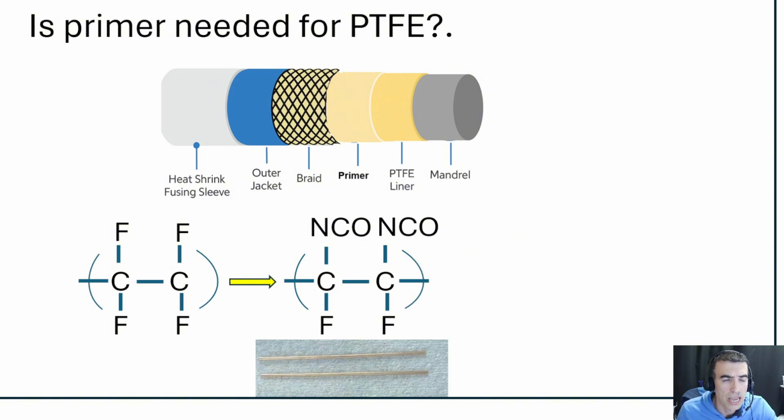If you do not etch properly, the bond between the PTFE and outer jacket would be weak. Or if you don't use a primer, the etching effect could diminish over time, and you lose that etch property for your polymer.